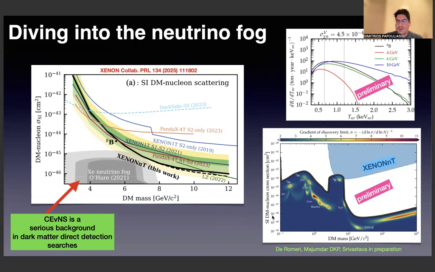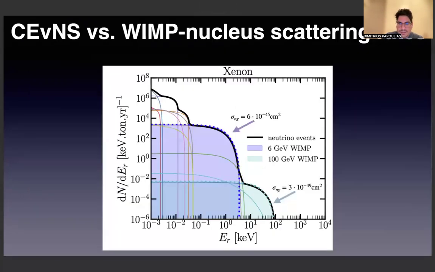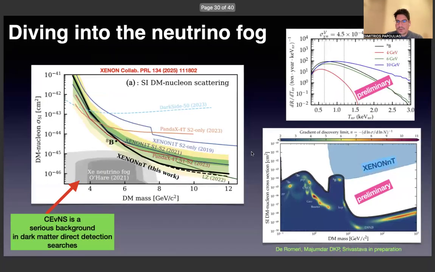In that case, the neutrino fog is not a hard wall like shown here, but because of the high statistics, you can discriminate and resolve even these small deviations of the 6 GeV WIMP, for example, versus the boron-8 CEvNS rates. And you can do the same for every neutrino component. So we will be using the neutrino fog from now on, which is more generic.